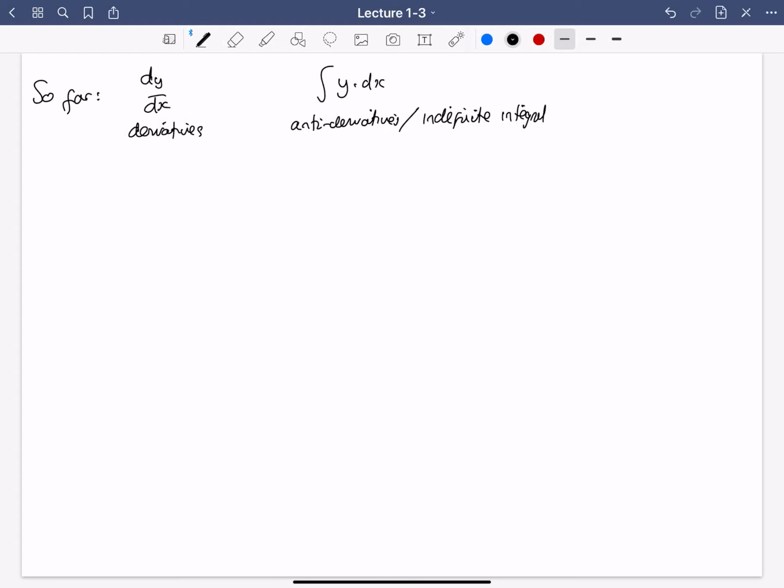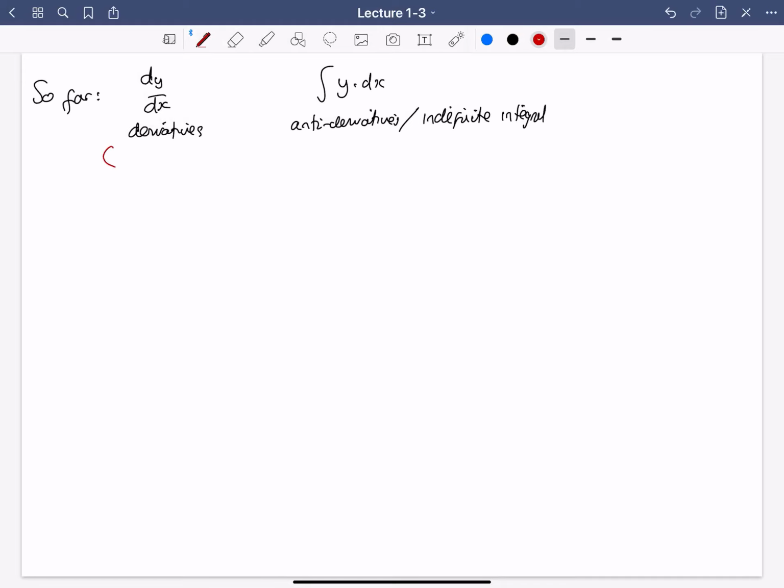Remember, this was just my notation for some function of x whose derivative with respect to x is the function y. So that was a bit of a weird notation using this integral sign. I haven't really explained where that comes from, that notation, why it's done like that. That's what I'm going to do today.